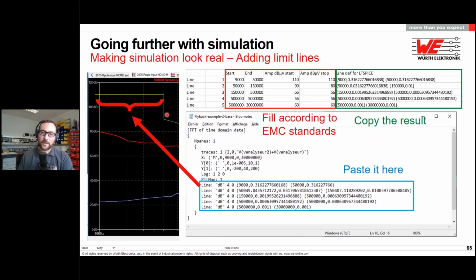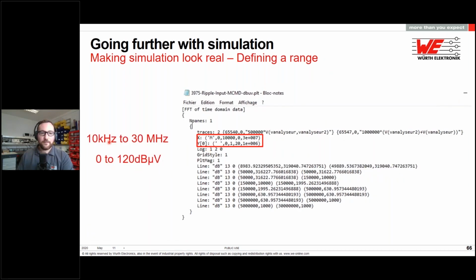But to do that, you have to reload your plot settings. The next thing is defining the frequency range. The typical frequency range is 9 kilohertz to 30 megahertz, but LTSPICE sometimes has a few problems with 9 kilohertz. So here it's 10 kilohertz to 30 megahertz. And the scale, when it comes to the amplitude, is 0 to 120 dB microvolts. This is encoded in these statements.